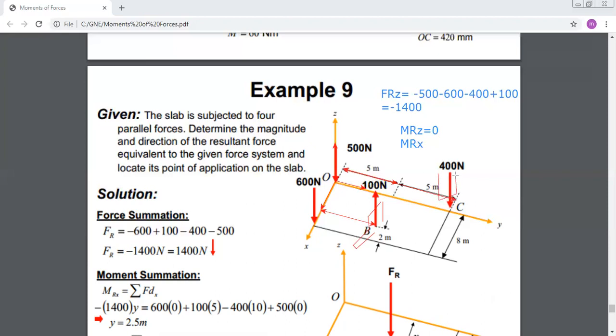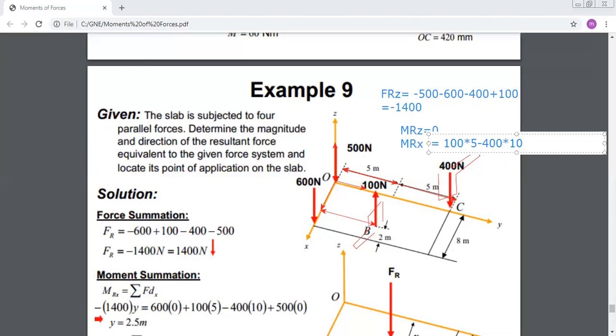And your thumb will be directed along the negative X direction. So it's producing a negative moment. This is why the resultant moment in X will be equal to 100 times 5 minus 400 times 10. Okay? This is the resultant moment about X.